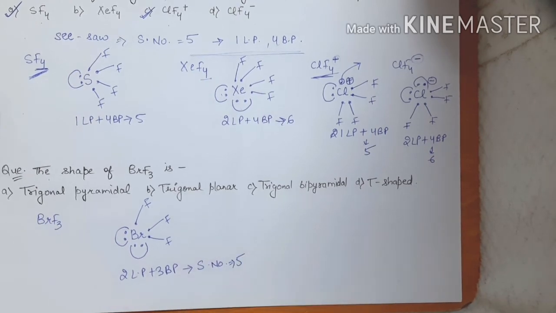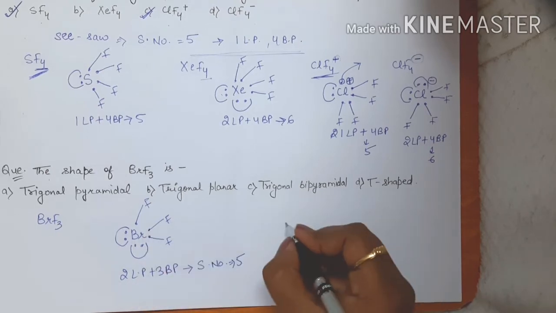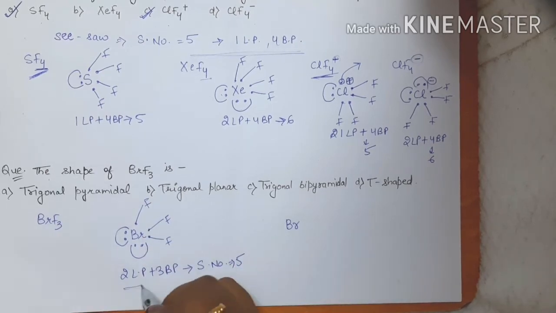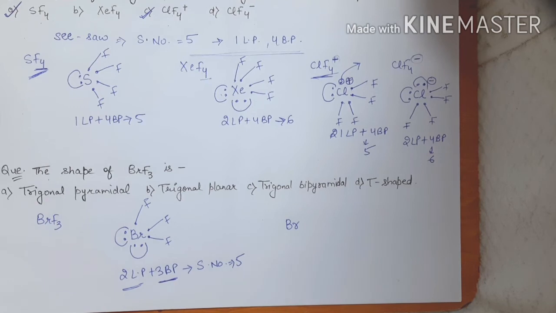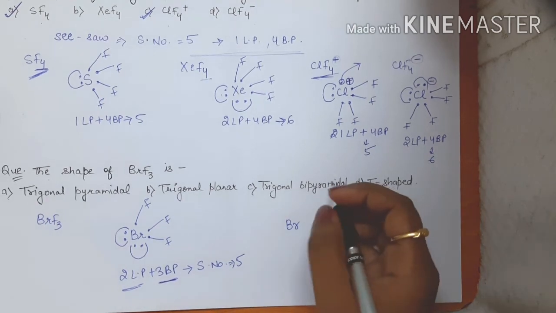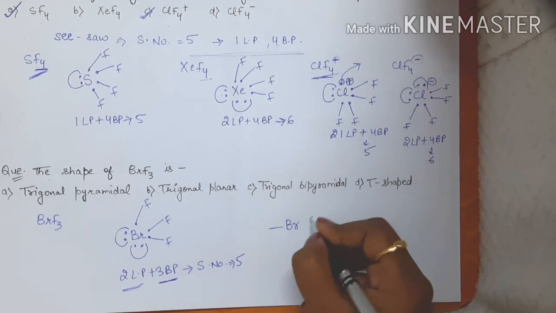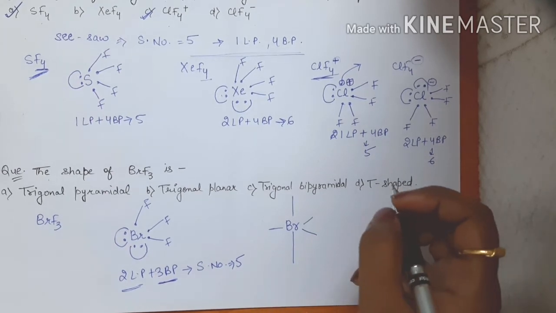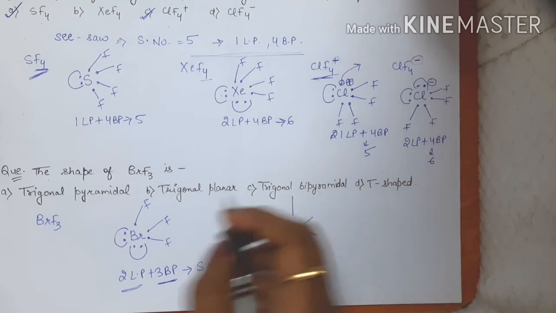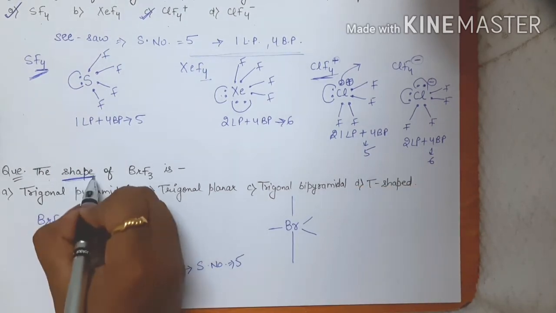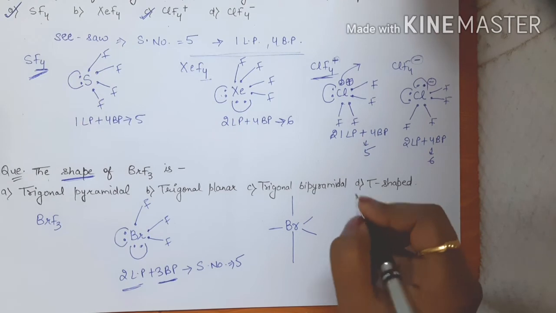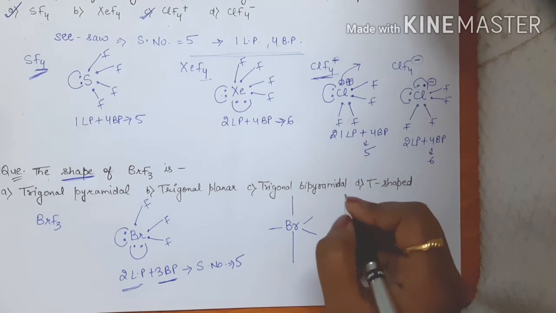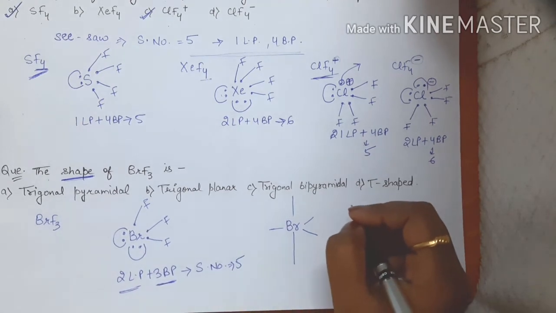Right, now if we want to arrange these 2 lone pairs and 3 bond pairs according to Bent's rule, then how should they be arranged? First of all, they are going to have this kind of a geometry, trigonal bipyramidal type of a geometry, but we have to find out the shape of molecule. So first we'll draw the geometry, and then by ignoring the lone pairs we'll find out the shape of the molecule.